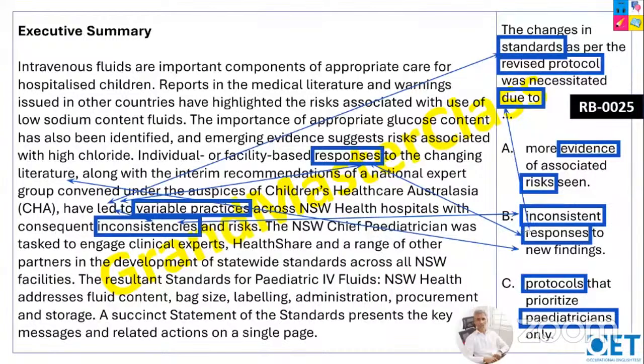So due to these responses, revised protocol was necessitated. So resulted, due to means because of. What do you mean by due to and because of? Try to understand.